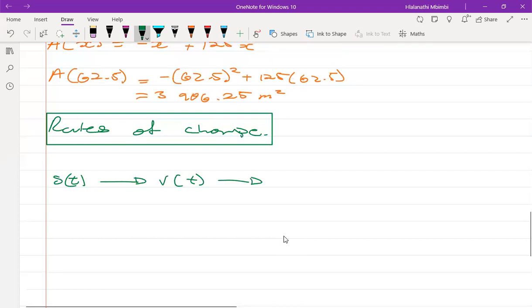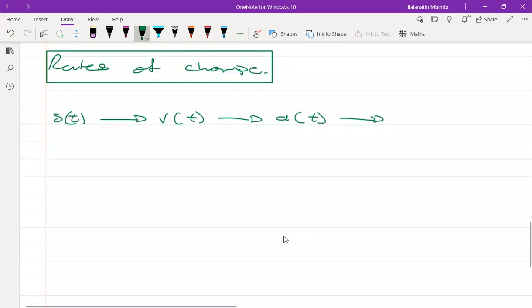And if you take a derivative of that, you will get acceleration as a function of time. And if you take a derivative of that, you get jerk. But we are limited to displacement, velocity, and acceleration. And then you just have to understand what we are doing with these rates of change. So it's pretty much very, very easy for you guys.